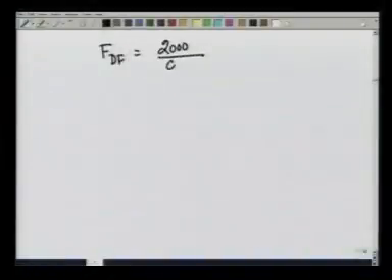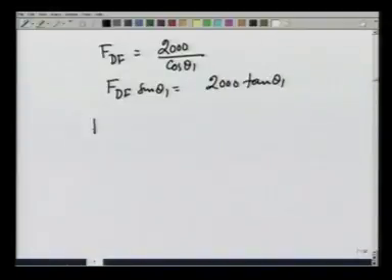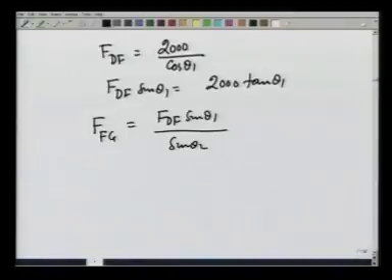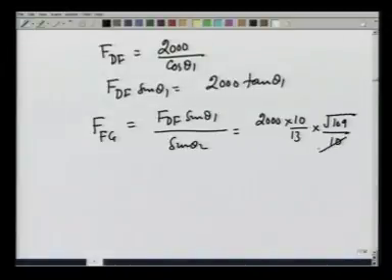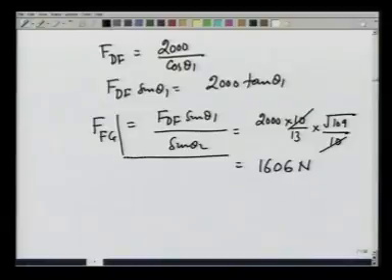Recall that F_DF was 2000 over cosine of theta 1, and therefore, F_DF sine theta 1 is 2000 tangent of theta 1, and F_FG is going to be F_DF sine theta 1 over sine theta 2, which is going to be 2000 times 10 over 13 times the square root of 109 divided by 10, and that comes out to be 1606 newtons. So, we have found F_FG also.